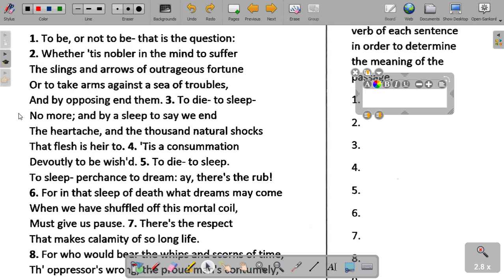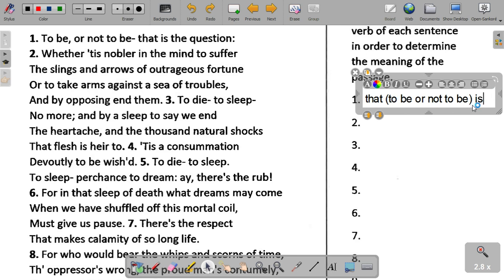So the subject of this sentence actually is that. But that is a pronoun which refers to what comes before it. So to be or not to be, it is essentially the subject and verb.